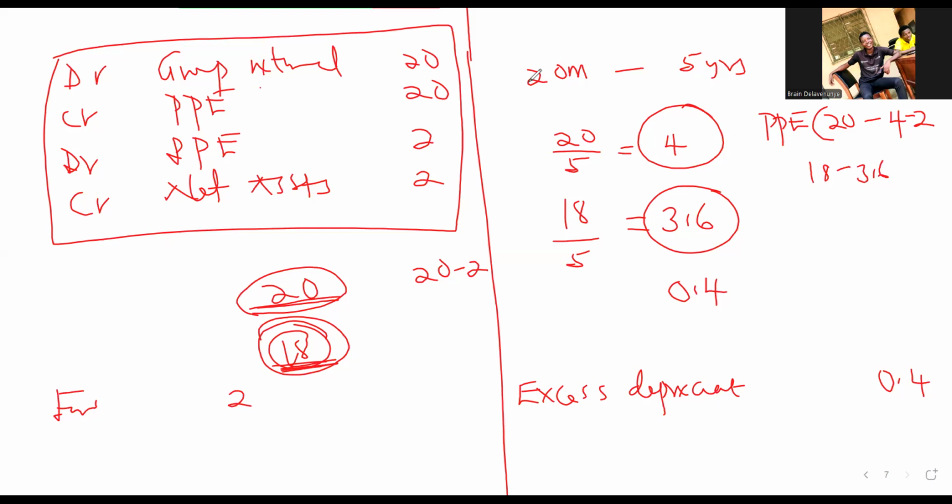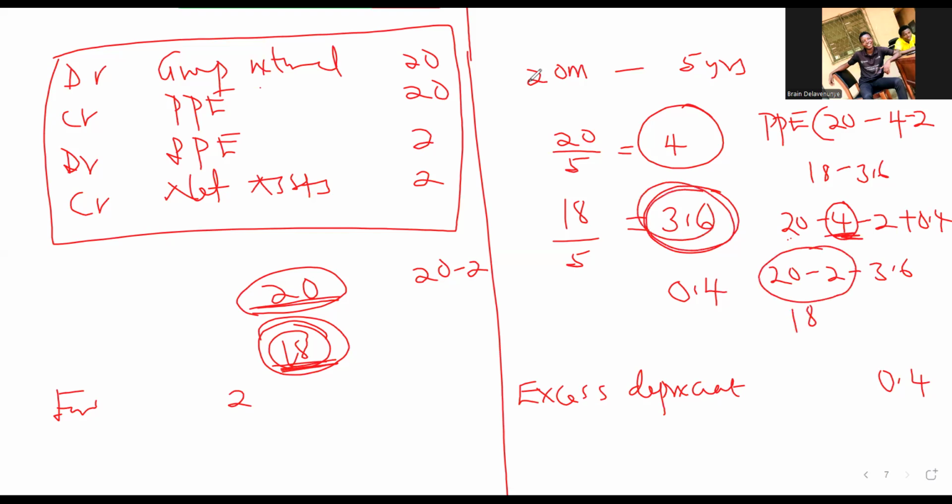But what you are going to be having over here will be 20 minus 4 minus 2. But as far as you are reducing this one to 18 million, the depreciation should have been 3.6, not 4. So you bring the 0.4 back to make this depreciation 3.6, by having 20 minus 2 minus 3.6, because this will now give you the 18 million. Then you subtract the actual depreciation from that. So that's how we go about it.